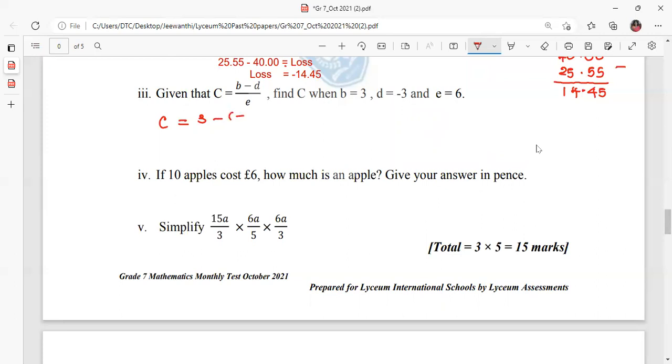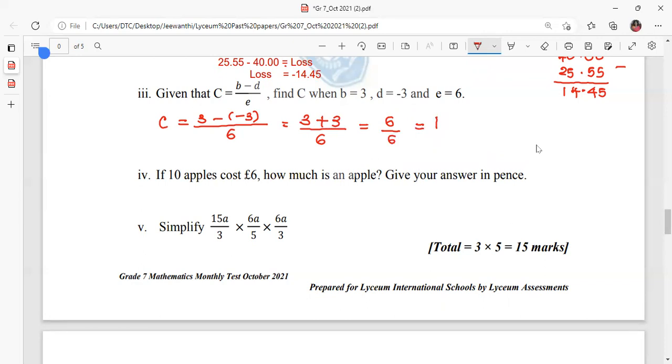Subtract negative 3 divided by 6, right? When you have two signs together, you know what to do. Negative and negative becomes positive: 3 plus 3 divided by 6. 3 plus 3 is 6, 6 divided by 6, the answer is 1.